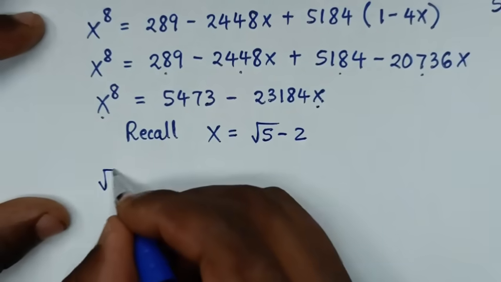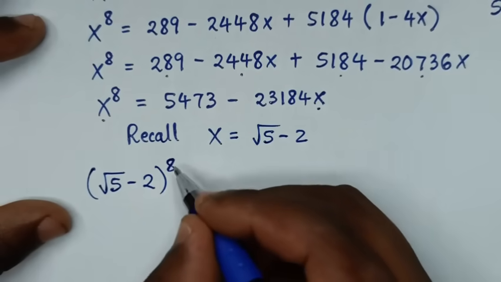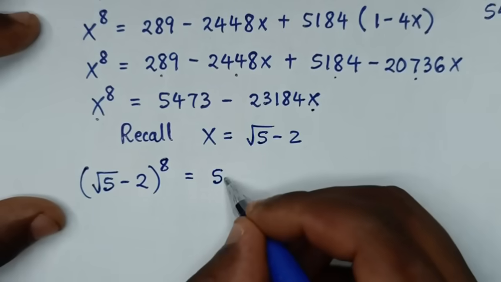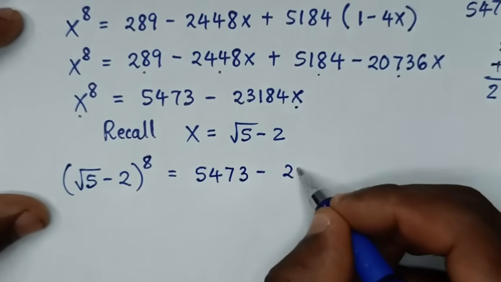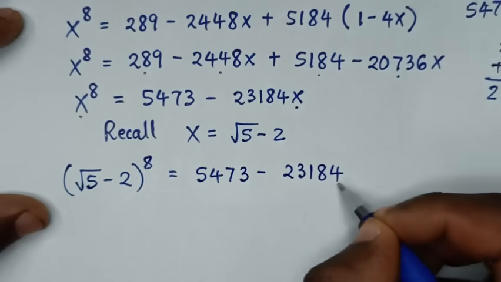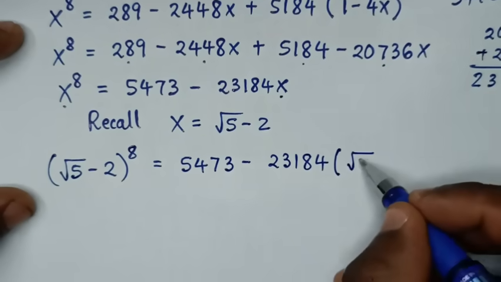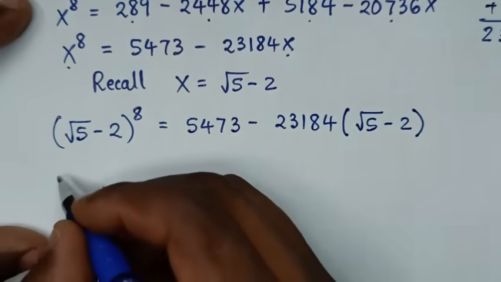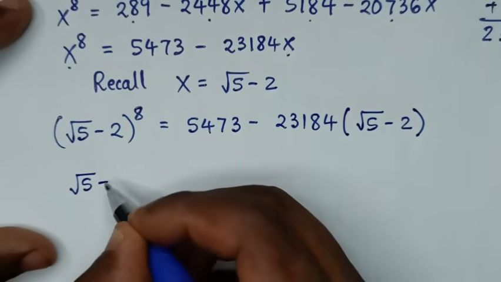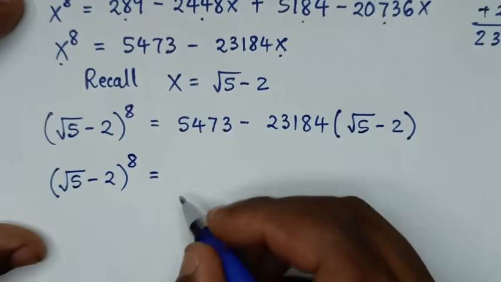So here it will be (√5 - 2)^8 is equal to 5473 minus 23184, then bracket x, here we substitute this, which is (√5 - 2).